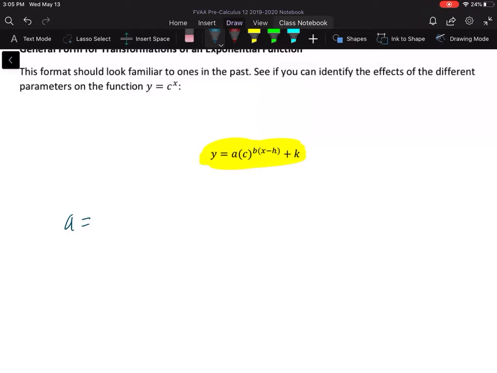So what does a give us? What does a do to any function that we have? A here, if you remember, gives us our vertical stretch by a factor of, well, by a factor of a, right?